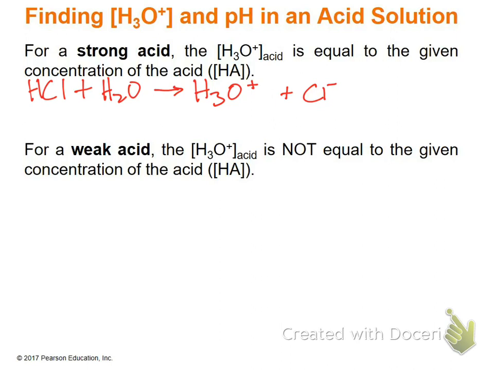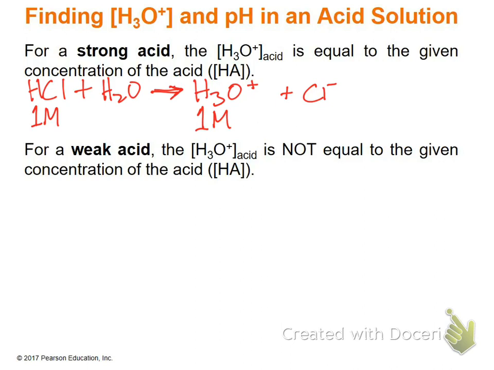So that means that if you have 1 molar of this hydrochloric acid, it will generate also 1 molar of the hydronium ion. And we're using a single arrow here because of the fact that it only goes in one direction. It goes in the forward direction.